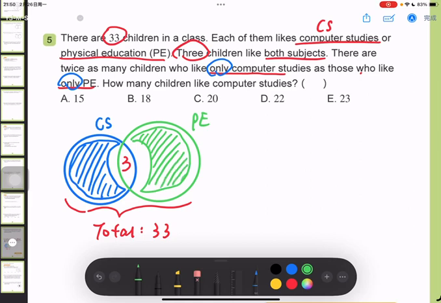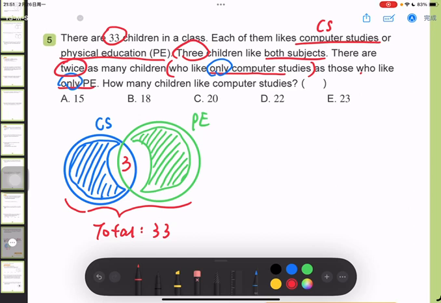Okay, but here we do not have the number. We only have a relationship between them. Twice as many children who only like computer studies as those who only like PE. So which is 1 part? Which is 2 parts? Well, PE is the smaller amount, right?